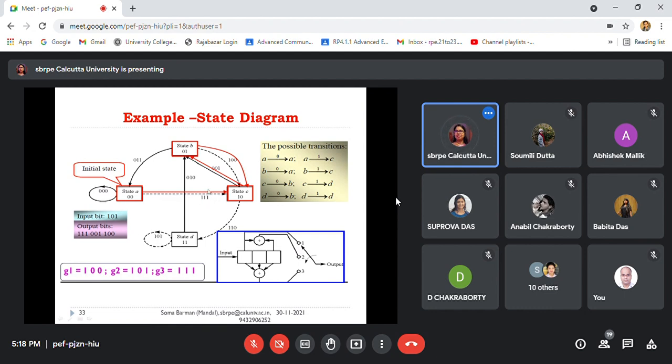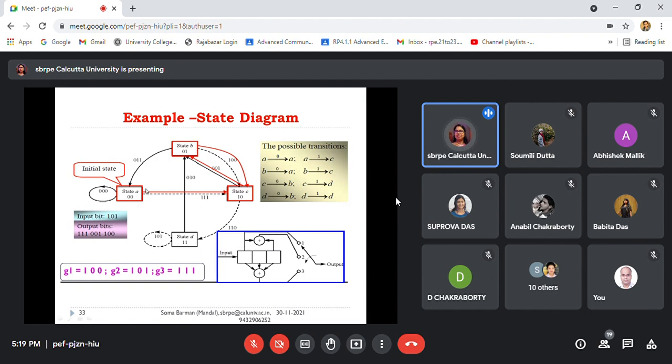Clear? So this is the state definition of this encoder. Because the encoder structure is given and the state definition is also given, from the state definition and the encoder design you can easily draw the state diagram.